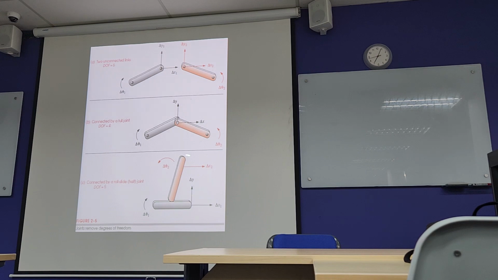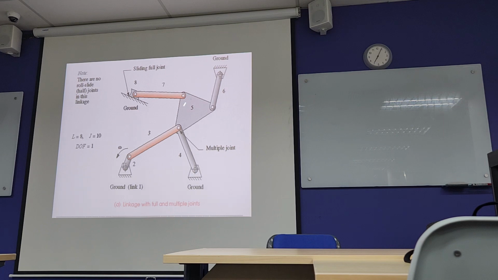So you can see the degree of freedom in this case is 5. That means how the links are connected matters, so the degree of freedom can vary. It all depends on what type of joint, a pin joint or a half joint, and how the links are connected.